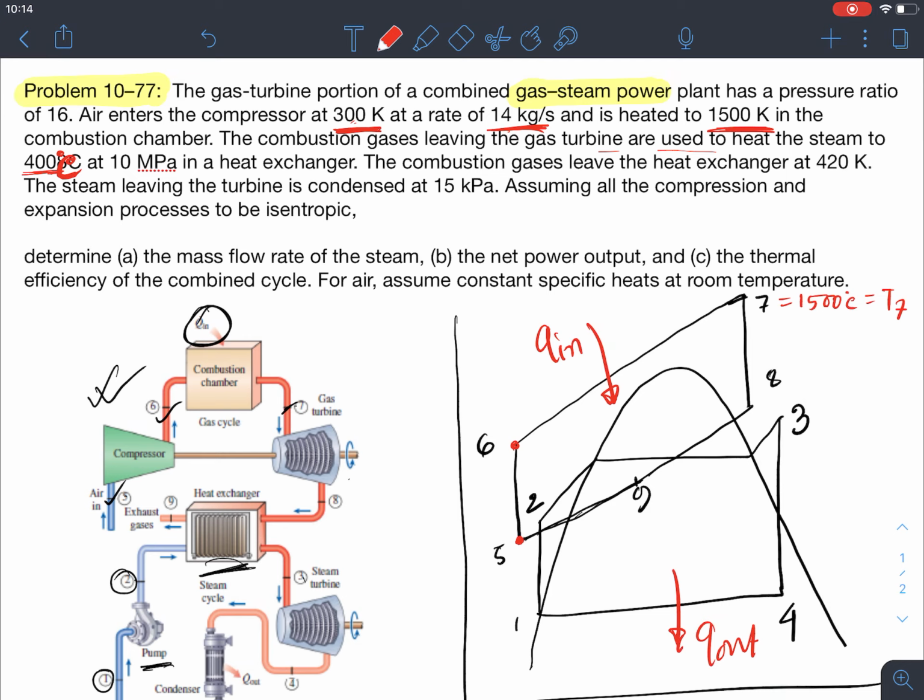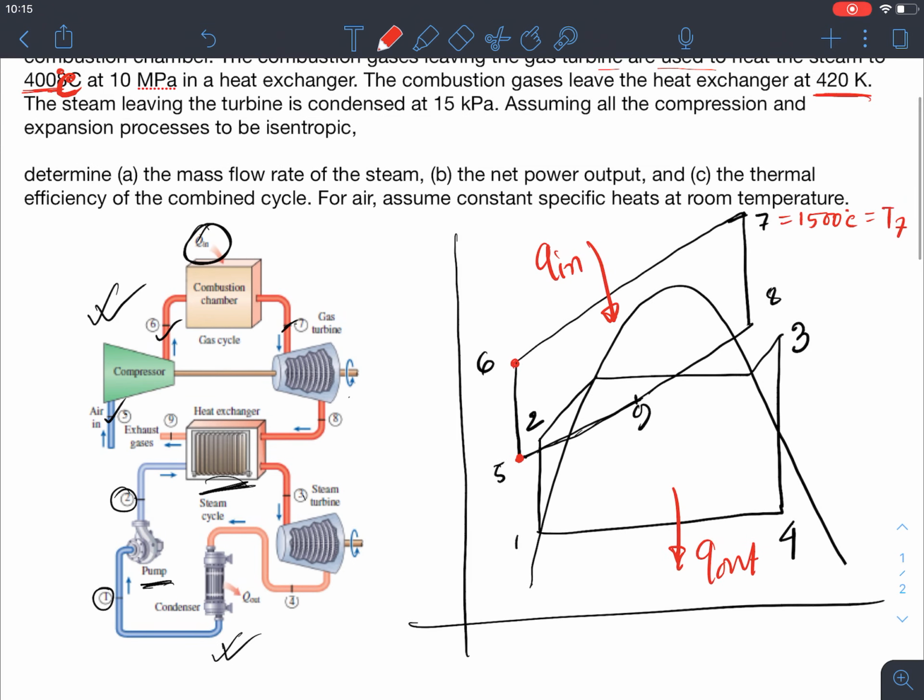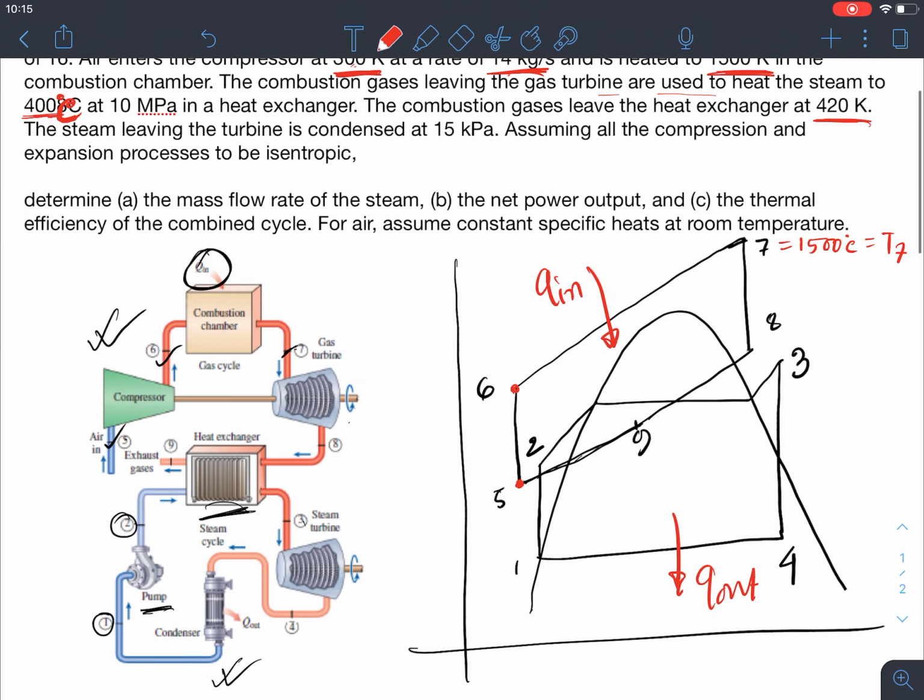The combustion gases leave the heat exchanger at 420 Kelvin, right here.